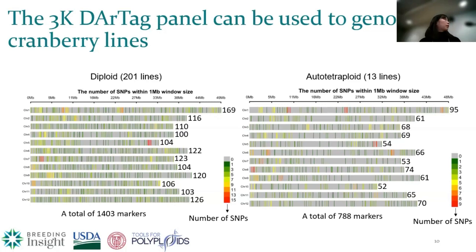You can see in the left figure that there is a smaller number of polymorphic markers identified in the auto-tetraploid diversity panel. It was likely due to the lower genetic diversity among the selected lines.